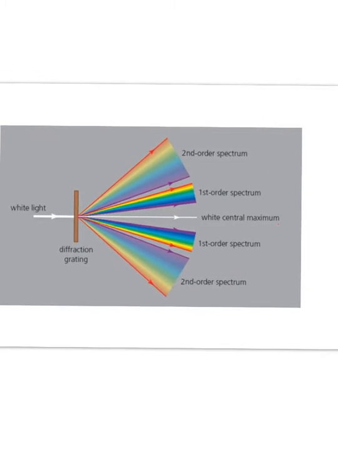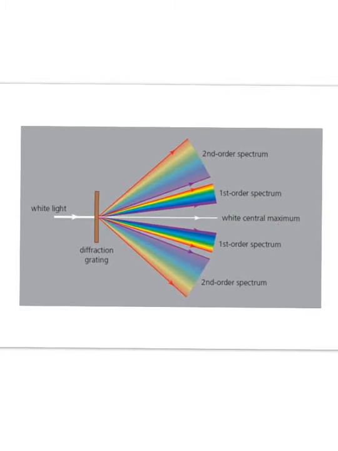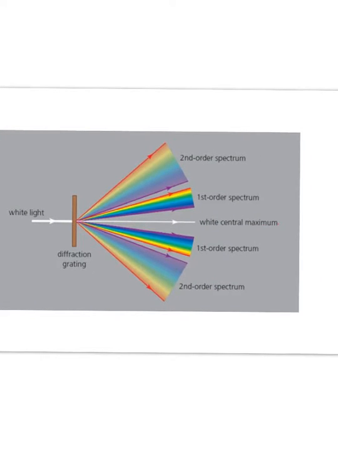If you have white light, which is a collection of rays of different wavelengths, incident on a diffraction grating, then you'll get your central white maximum. But then at your deviation, if I write the formula here, d sine theta equals n lambda, as you can see from here your wavelength is proportional to the angle.